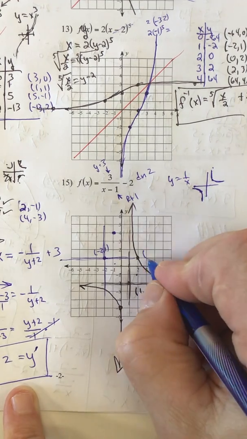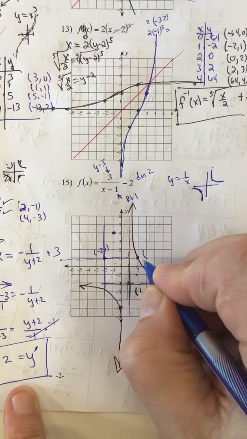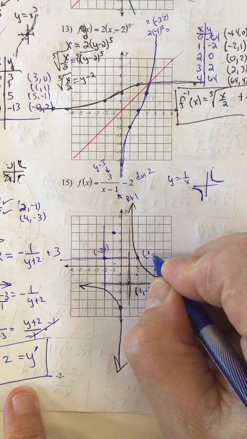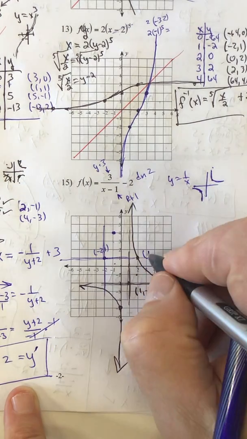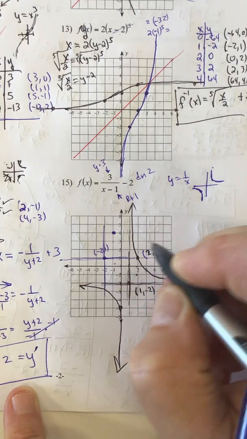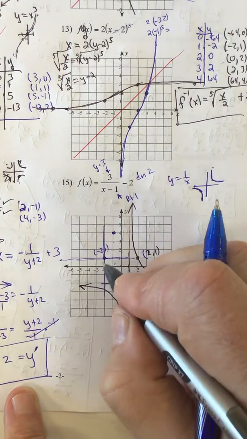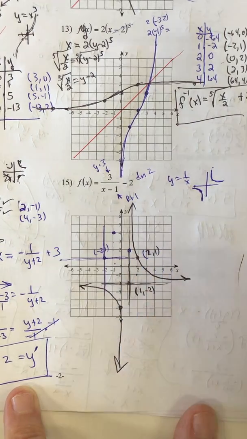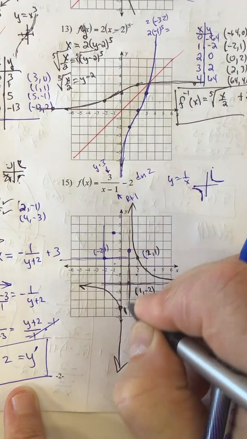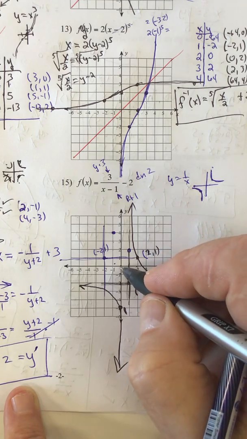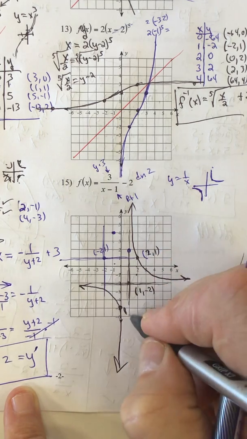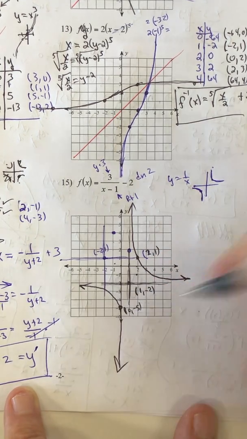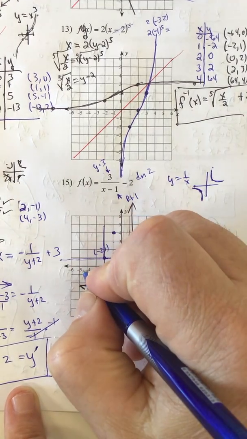Or this dot right here is at 2, 1, so one of the dots is going to go to 1, 2. So the black dot is at 2, 1, so one of the dots on the blue is going to be at 1, 2. This black dot down here is at, what was this one at? 0, -5. So the blue dot is going to be at -5, 0.